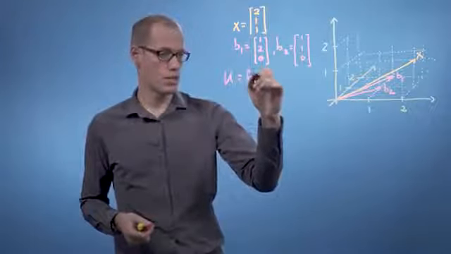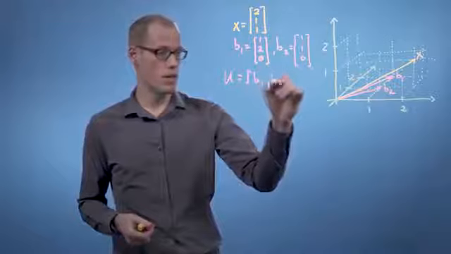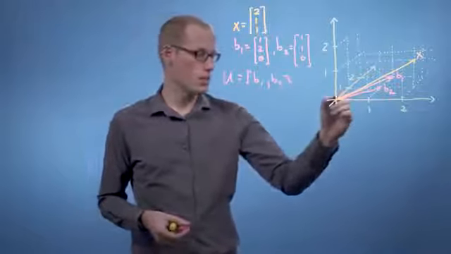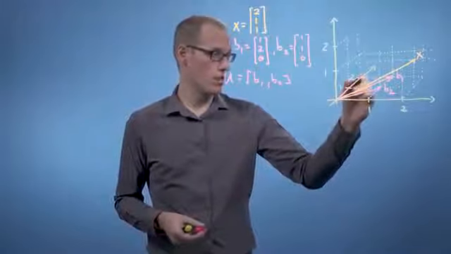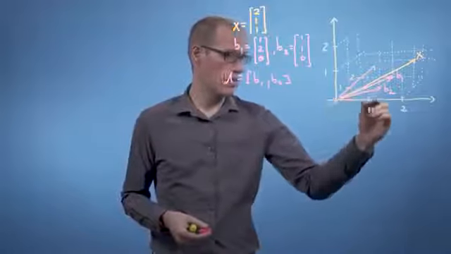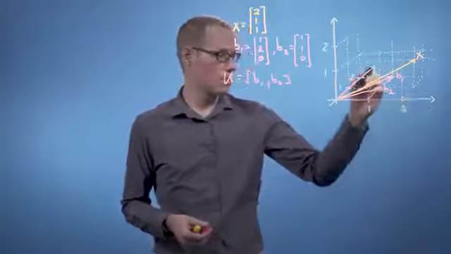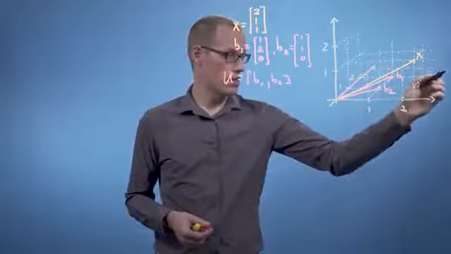So that means U, which is spanned by b1 and b2, is going to be effectively the plane and its extension.